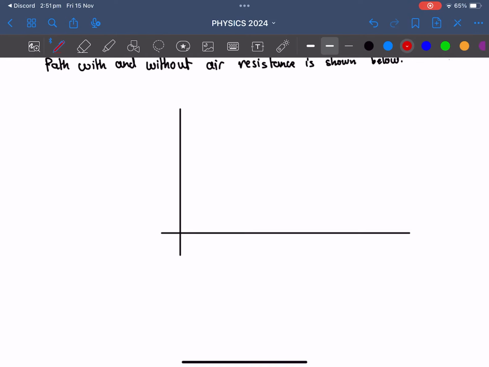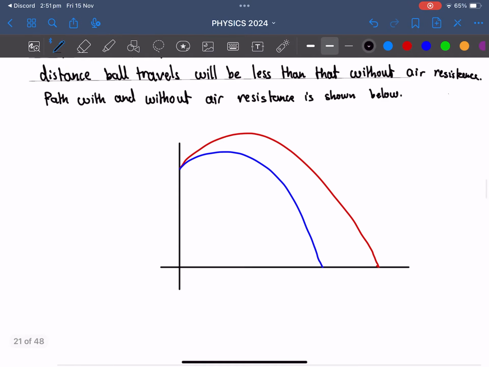Okay, that will do. And this is the one without resistance, something like this. So this is without resistance, and this is with resistance.